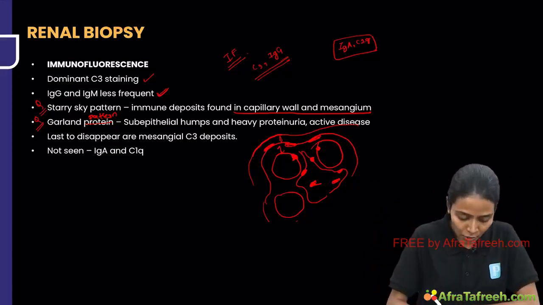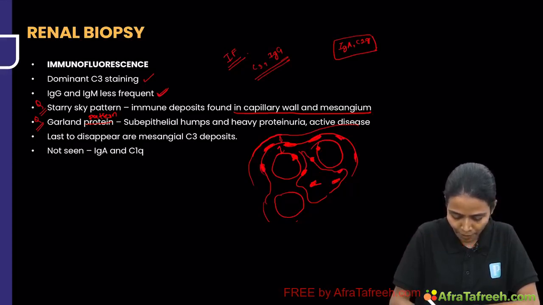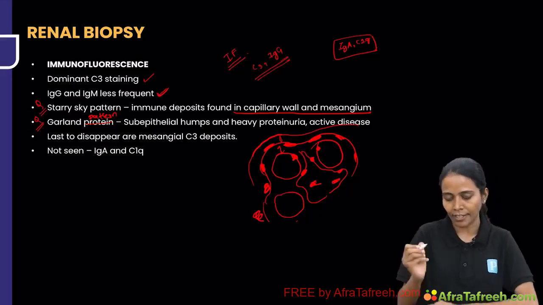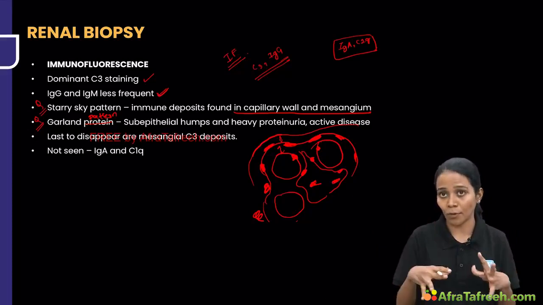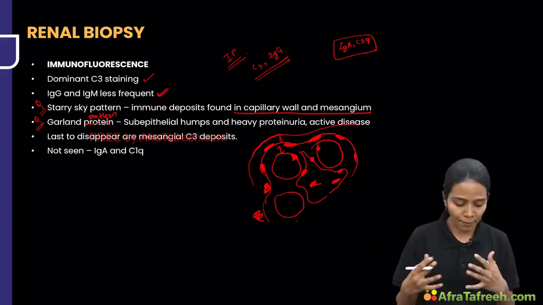So there's going to be subepithelial humps, and once these subepithelial humps are deposited, you see how the deposition is. It's like a garland, right? So this is called as Garland pattern. So subepithelial humps that are deposits are called as Garland pattern.